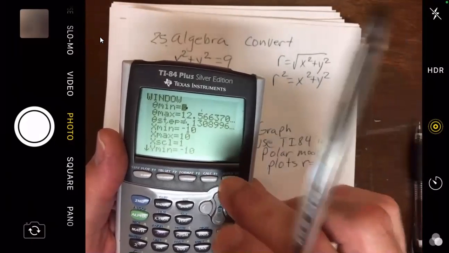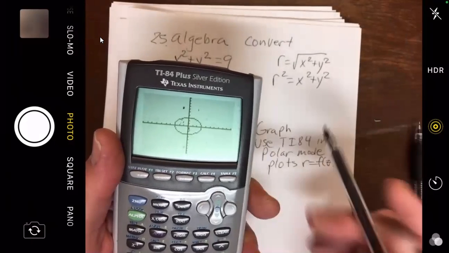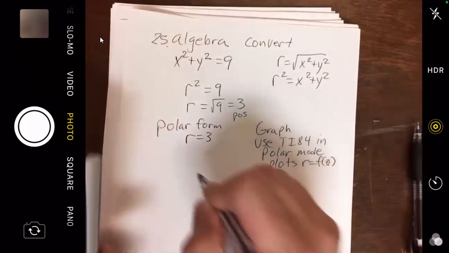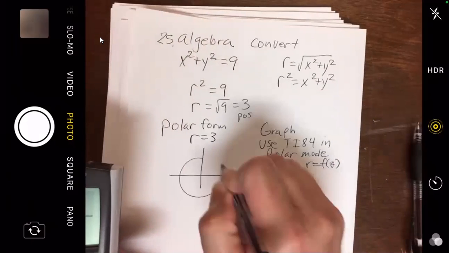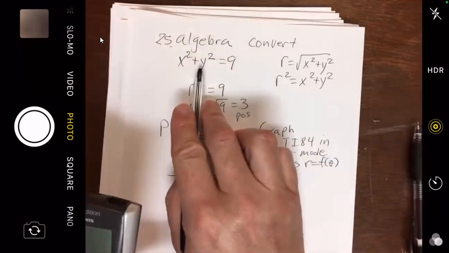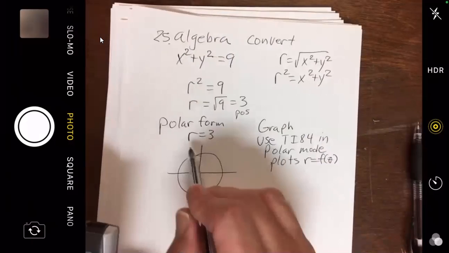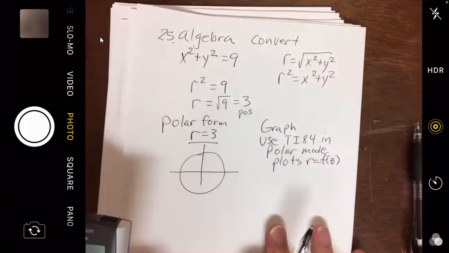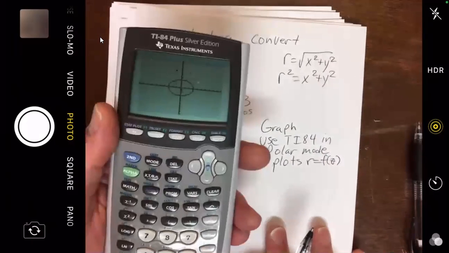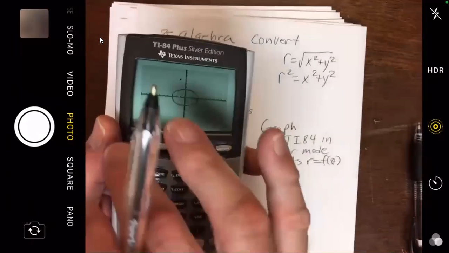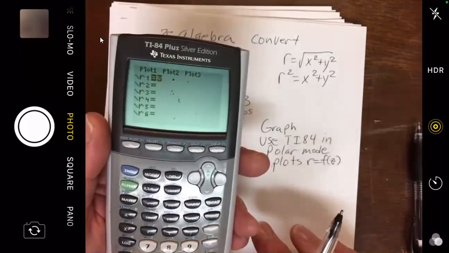And so if I graph, that's supposed to be a circle of radius 3. You can recognize that as a circle centered at the origin with r equal to 3, the square root of this. There is its polar form. R equal 3.